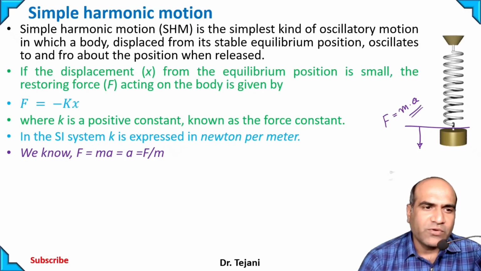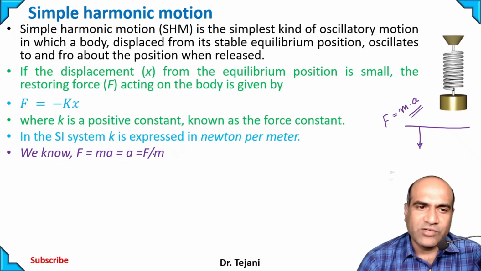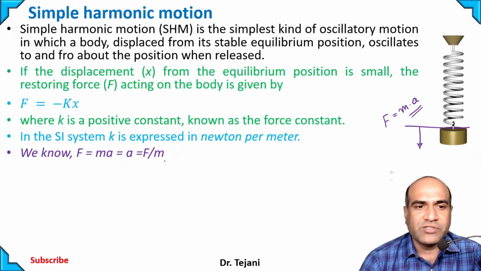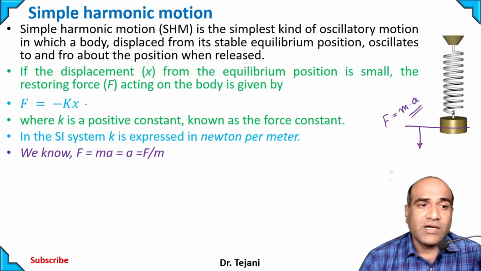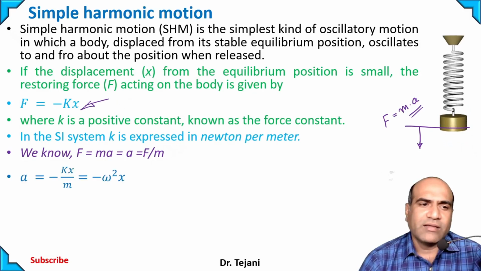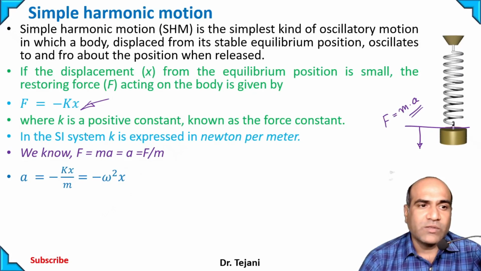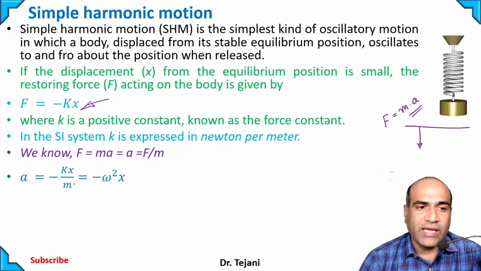So force is equal to mass multiplied by acceleration, so acceleration is equal to force by m. Do we have force? Yes, it is already there. Put the value of F, which is minus Kx, so acceleration is equal to minus Kx by m.